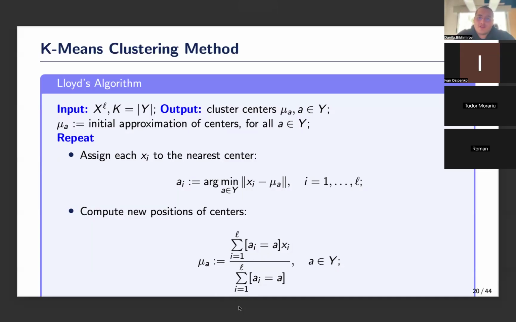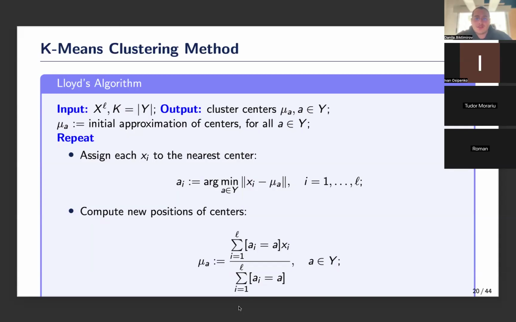So the main idea of the method is the iterative repetition of two steps: assigning objects in the dataset to clusters and recalculating cluster centers. At the beginning of the algorithm, k random centers are chosen in the feature space.